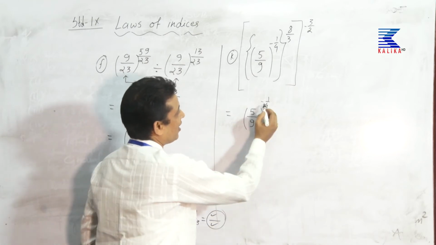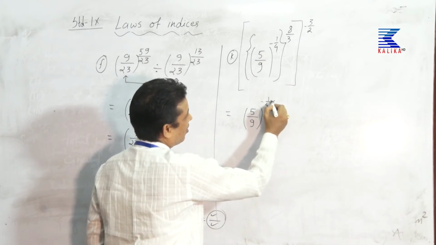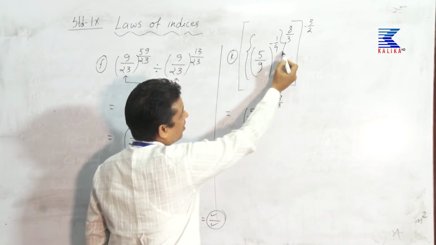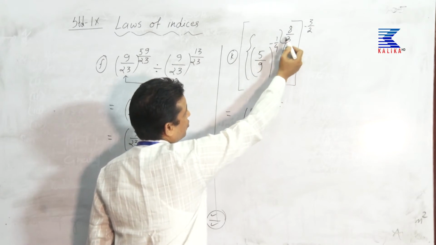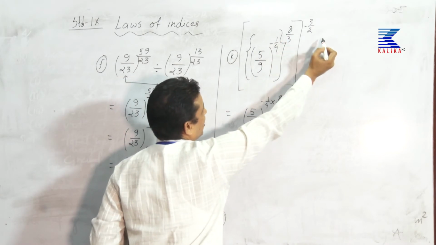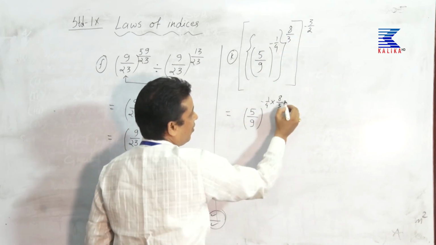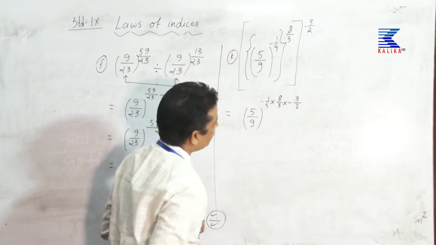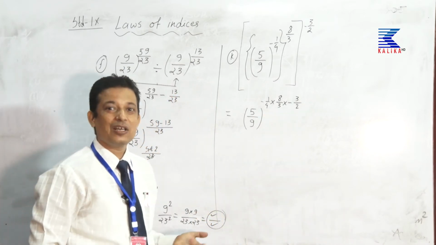This is why it is minus 1 by 4 cross 8 by 3, because for a power of a power, these two powers should be multiplied. Again you can see there is a big bracket, and outside of it there is another power, minus 3 over 2. All three powers are multiplied.